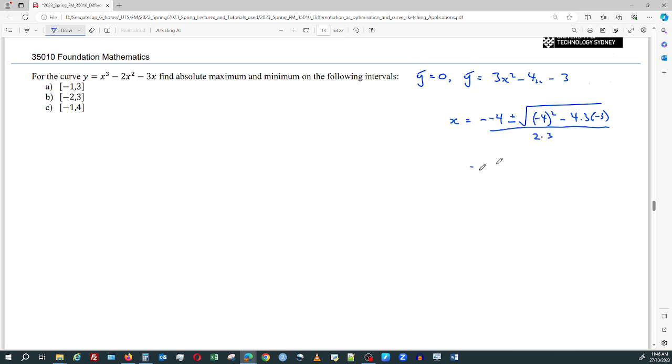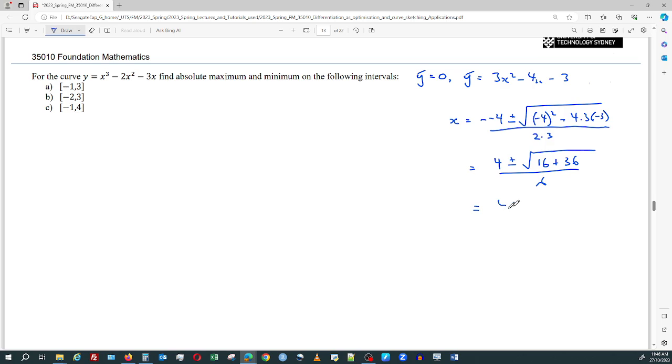Okay, so we've got plus 4 plus or minus. Now 4 4s are 16. Minus times a minus is a plus. So 4 3s are 12, 36. Or 3 3s are 9, 4 9s are 36 either way. Over 6.